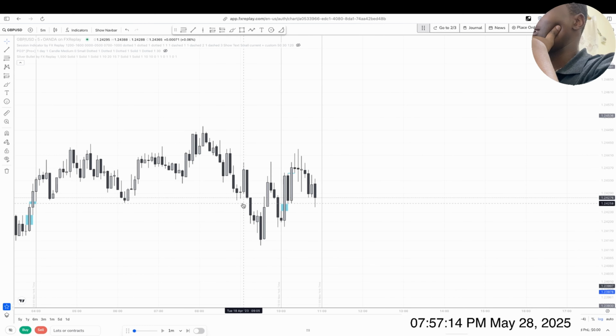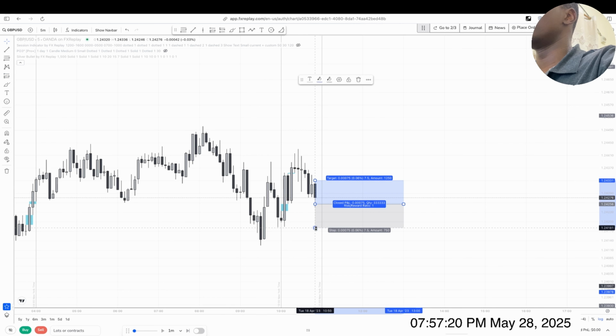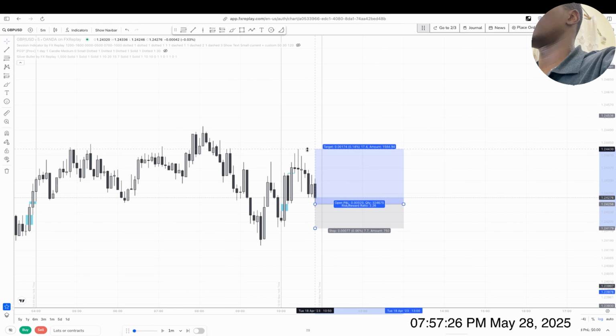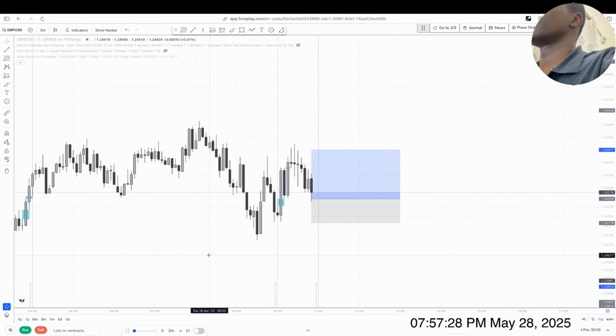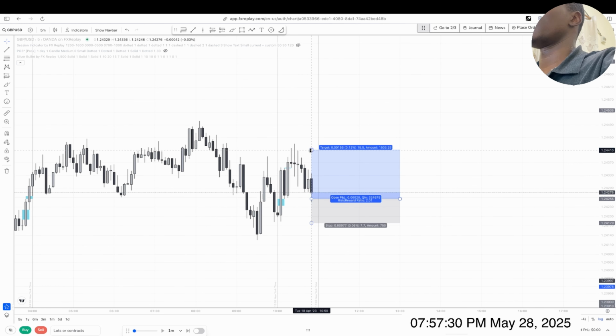And yep, we enter, we click on the fair value gap right here, and we can put our stop loss a few pips below there, low, and we target our 1 to 2. We should have targeted actually these highs, and we want to take out these highs.